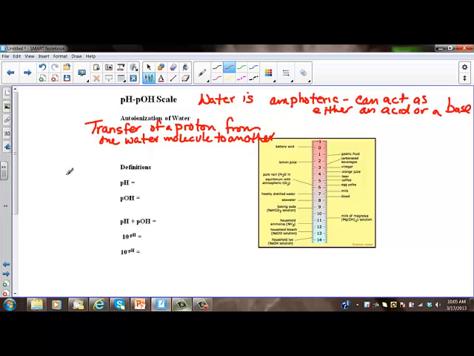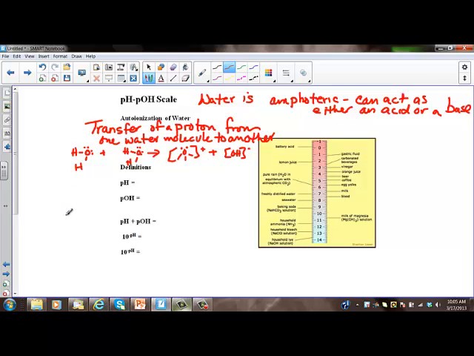So if I were to give you an example of this, it would kind of look like this. You have H2O plus H2O, and that's going to yield H3O plus and OH minus.